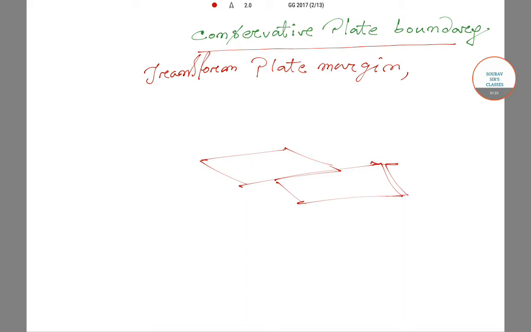If a movement occurs between these two continents, one moves to this side and another moves just opposite to the other.